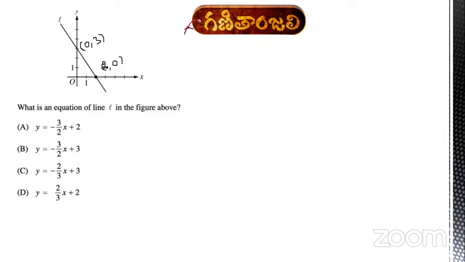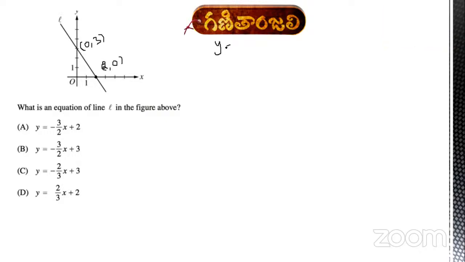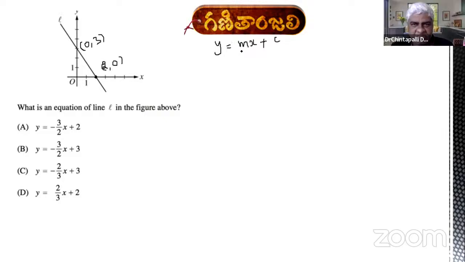Another, more straightforward method is to find the equation of this line. The equation of a line in standard form is y equals mx plus c. This is the slope, and this is the y-intercept.